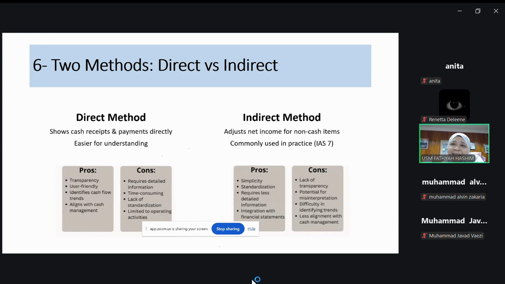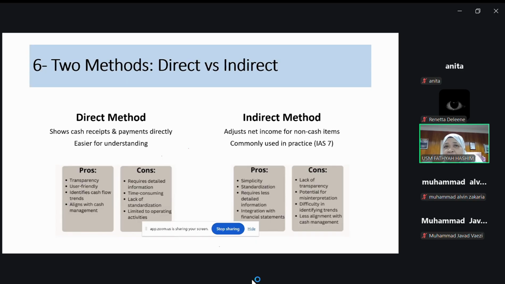Businesses need to ensure that, and that's why we have audits to check that all the statements were prepared fairly and correctly, right? However, the indirect method also has some disadvantages, where it lacks transparency.